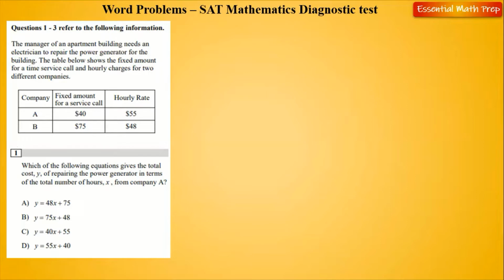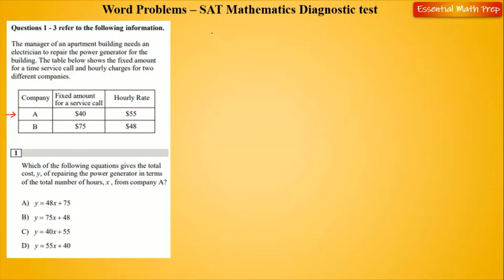The table below shows the service call and the hourly charges for 2 different companies. In the first question, you're asked which of the following gives the total cost, which is Y, of repairing the power generator in terms of total number of hours from company A. So you only have to really focus on company A for question 1.